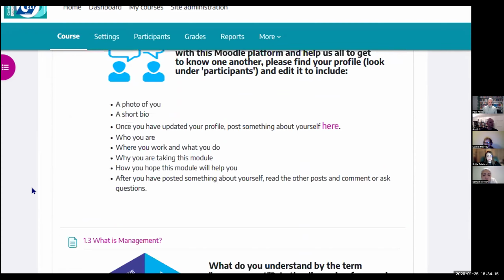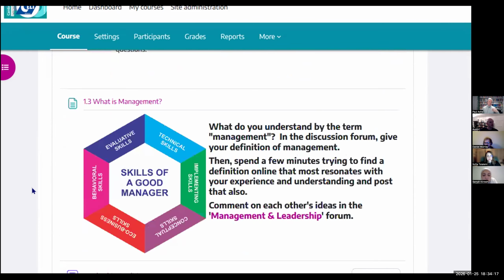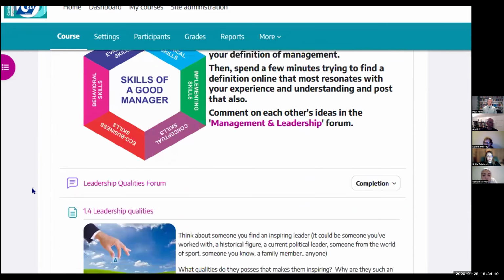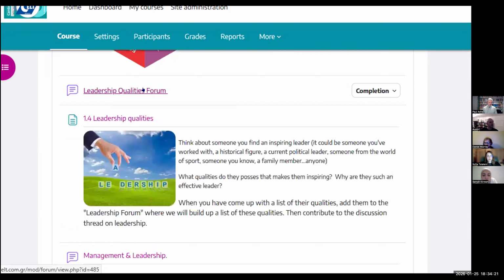And as you can see, there's a lovely introduction modules, as well as interactive tasks and forums in order to share ideas with each other. So it's asynchronous, but it's a very collaborative and interactive course.